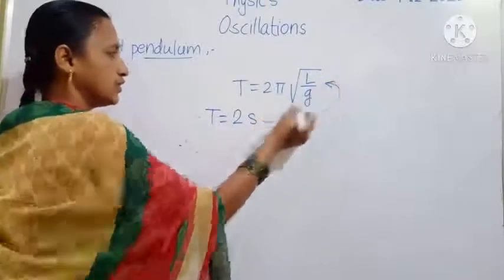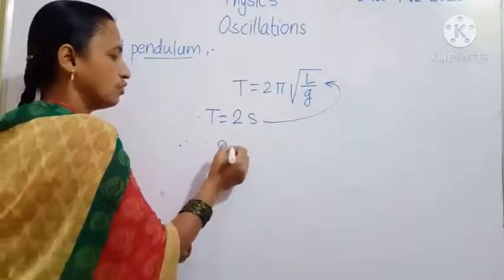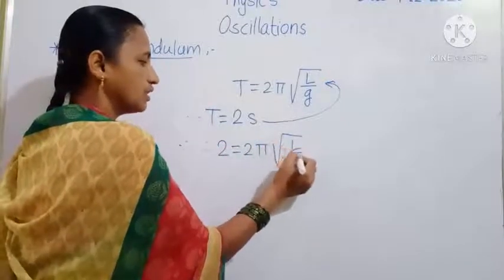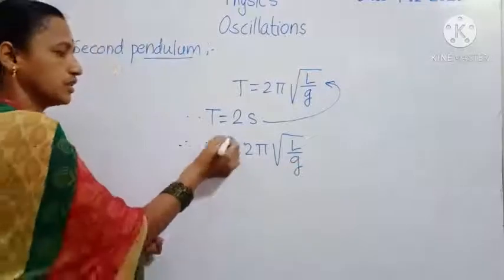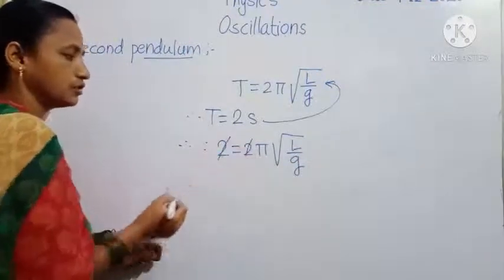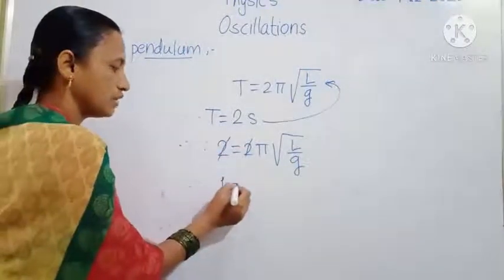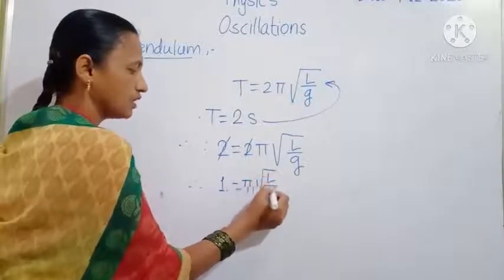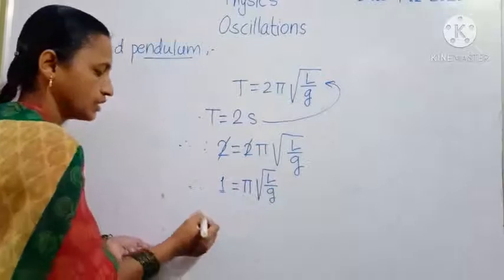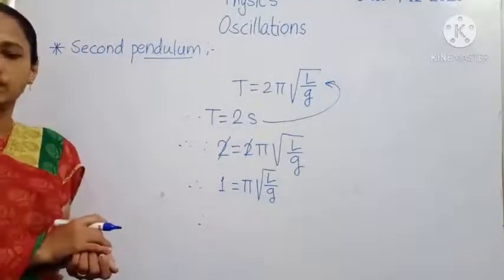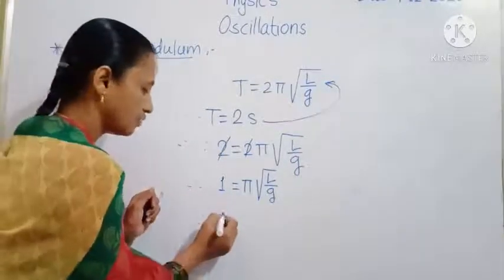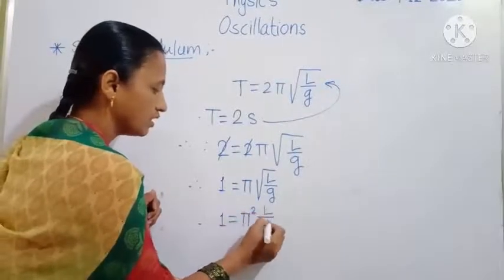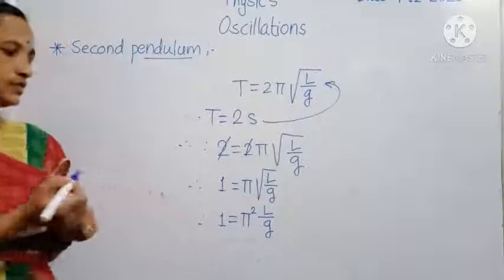In this equation, we get 2 is equal to 2 pi root L upon g. These two 2s cancel each other. Then we get 1 is equal to pi root L upon g. Squaring both sides, we get 1 is equal to pi square L upon g.